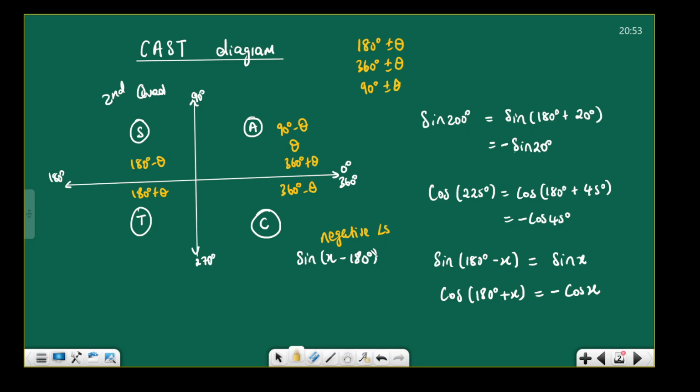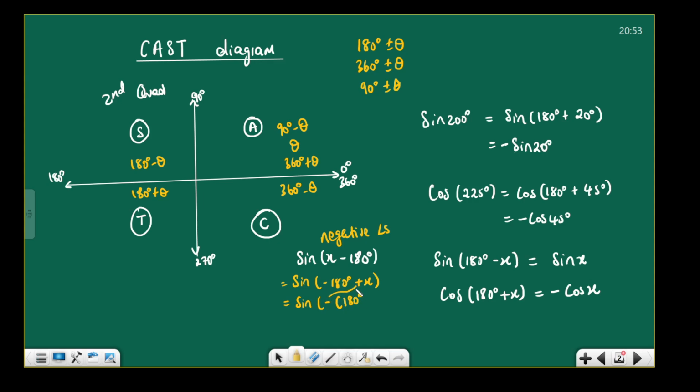Now remember, I have a whole video on negative angles, but just to remind you, you first of all rearrange. So you would write that as sine negative 180, then you would write plus x. Then, good people, you take the negative out: negative times negative is positive, so you have positive 180.